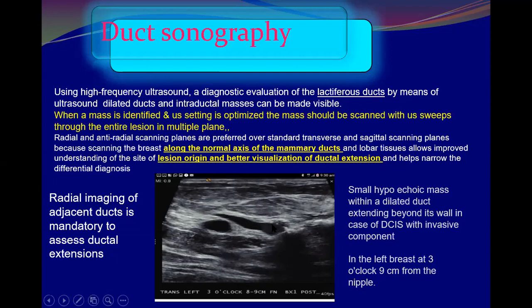This is a duct, soft tissue with calcification and breaking through. From the image, I can raise the possibility of invasive cancer, because I could see the lesion breaking through the duct and extending into the adjacent tissue. So it was suspicious for DCIS with an invasive component, and it was proven pathologically.